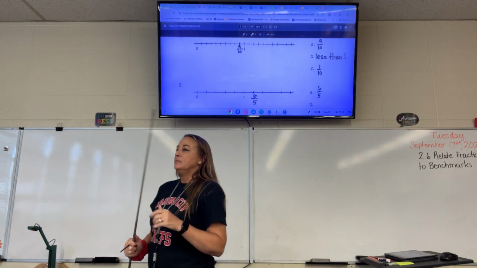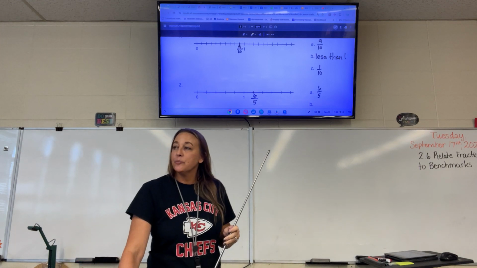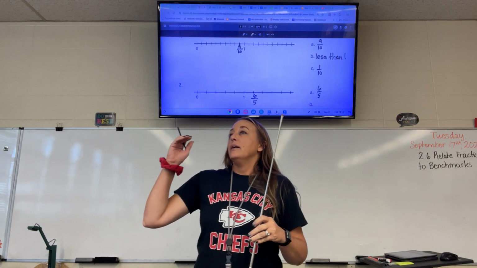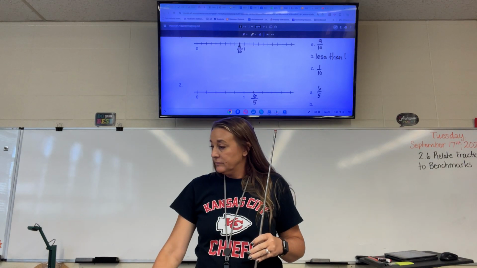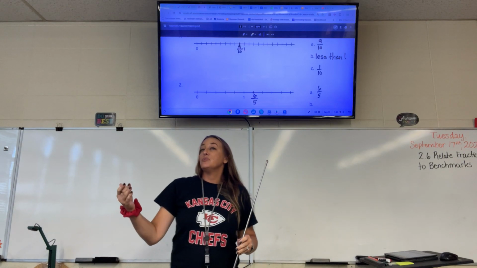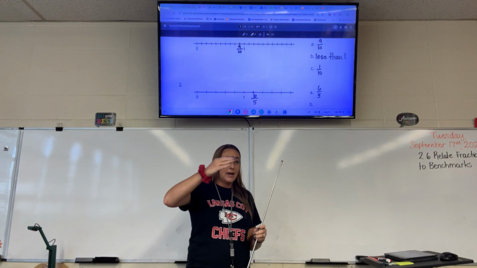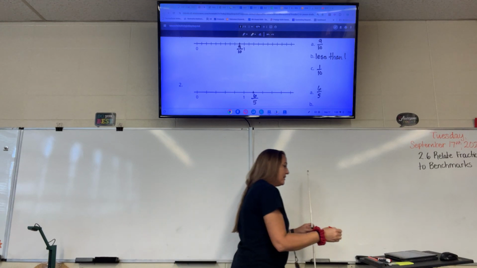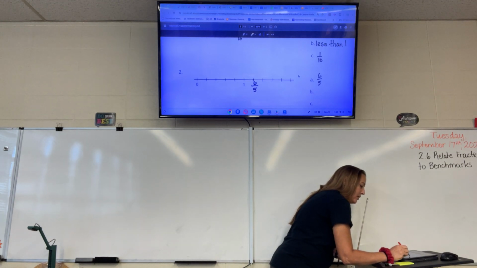Jackson? Greater than. When your top number is bigger, that means it's greater than 1 whole. Because when it's 1 whole, the number would be 5 fifths, right? And so we go past that. So 6 fifths is greater than 1.